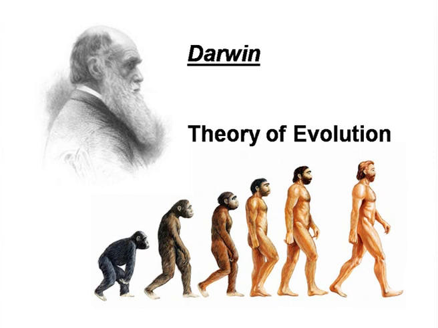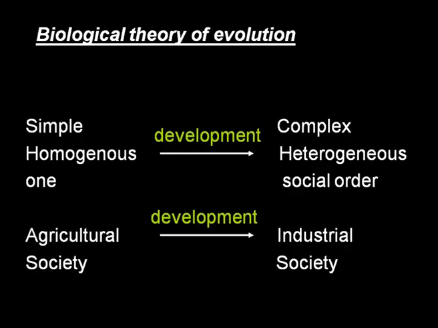Darwin's theory of evolution was very much appreciated in those periods, and sociologists also wanted to adopt it and apply it to sociological studies. So, while doing that, sociologists like Comte and Spencer said that society has evolved from a homogeneous simple one to a complex social order.